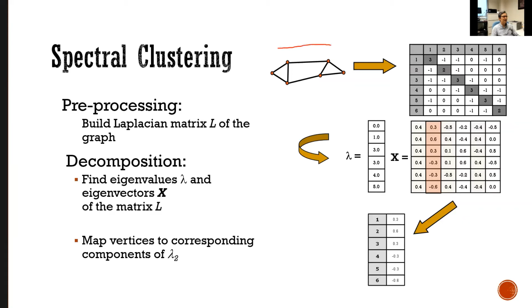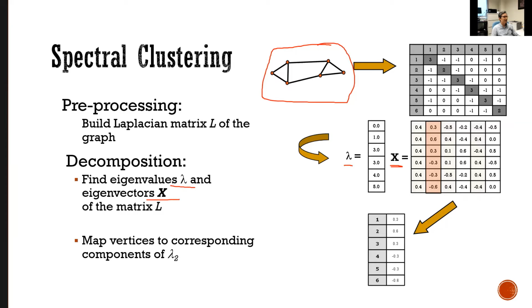You have the data points, make a matrix, and compute the Laplacian matrix. Then you compute its eigenvalues and eigenvectors, because you have multiple eigenvector solutions, and they form a matrix.